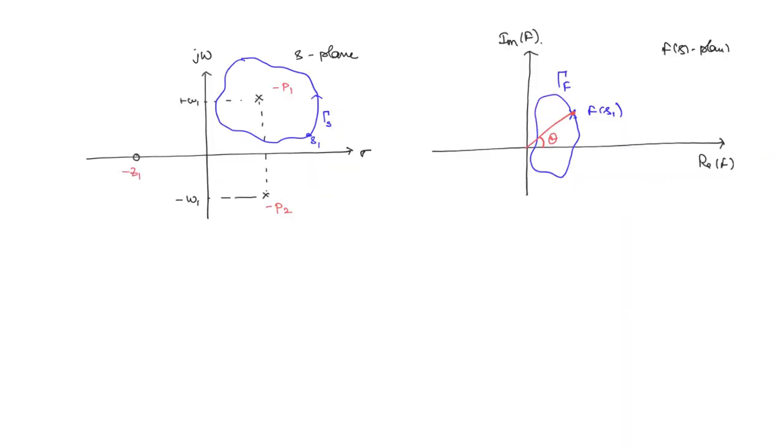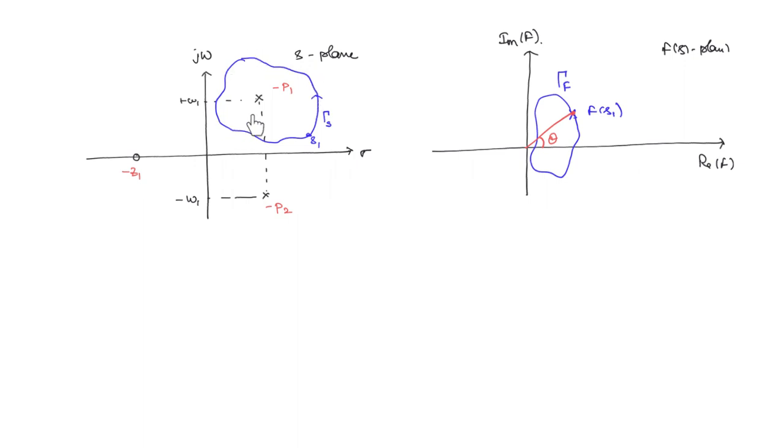Okay, so let us recap a little bit now. We have taken an arbitrary path in the s plane, which is encircling one of the poles. The other zero and the other pole are outside the arbitrary path.